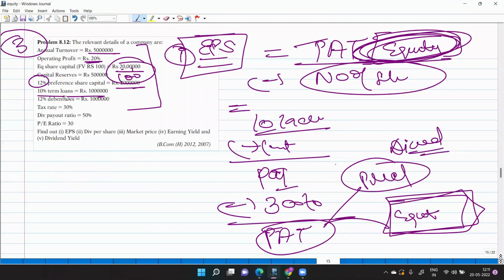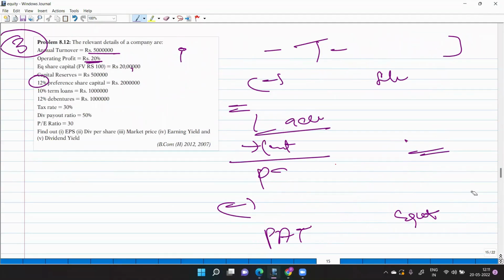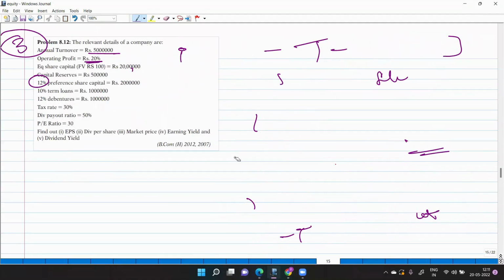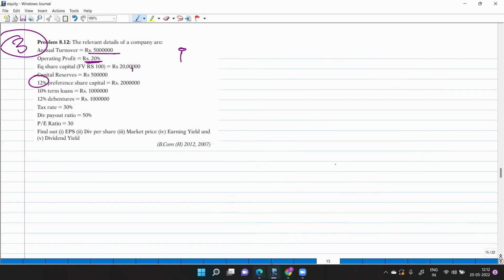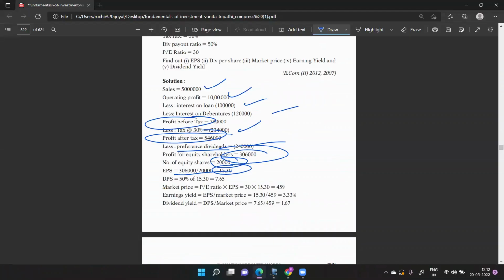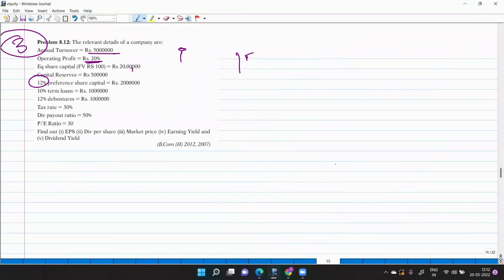Now, dividend per share. How will we calculate dividend per share? EPS is coming out to be 15.30.